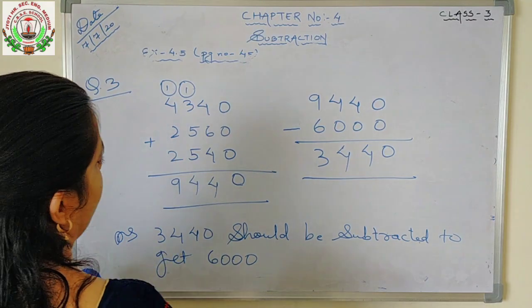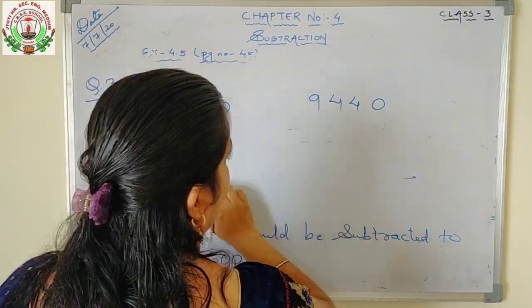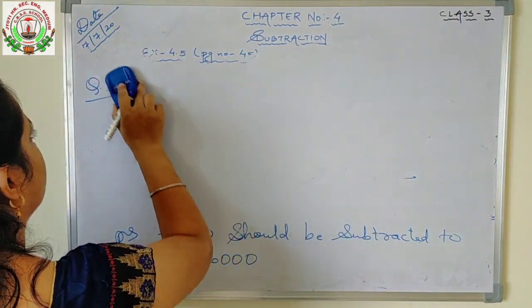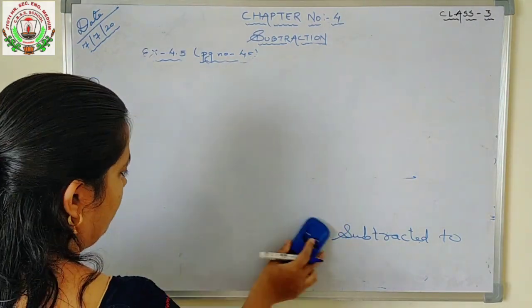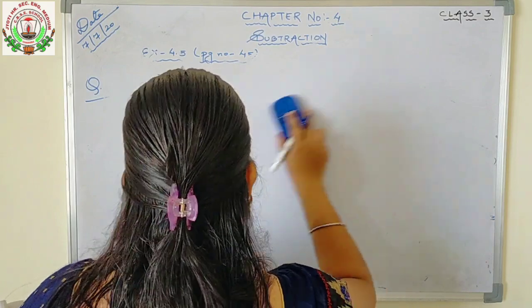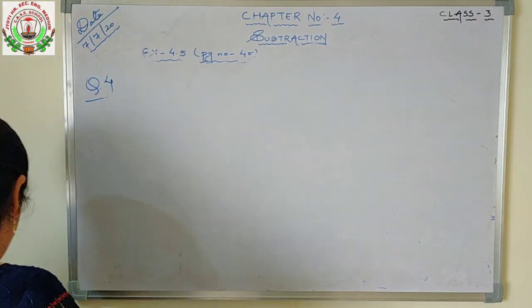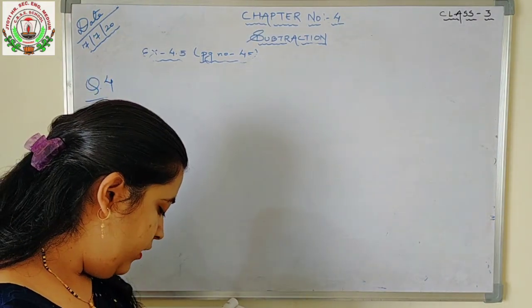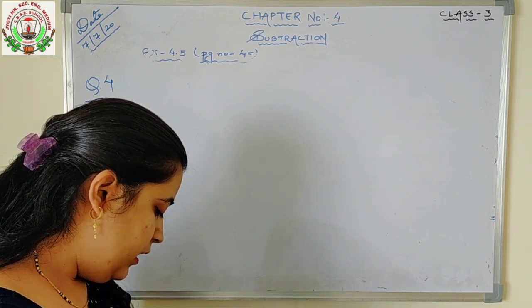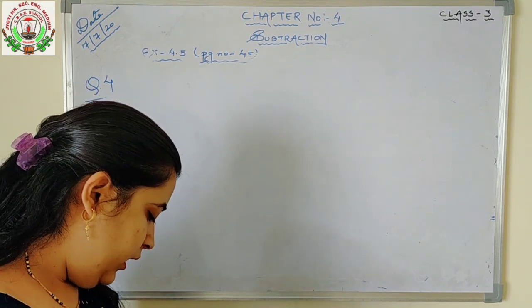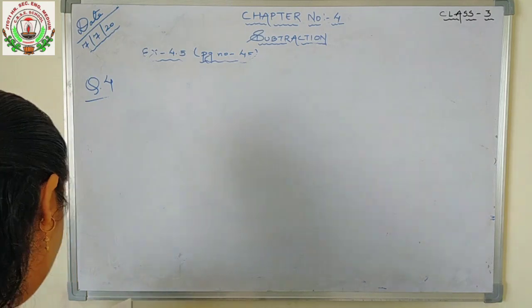What is our question number 4? Question number 4 is 9,740 persons visited a trade fair in 3 days. Okay. How many persons visited?